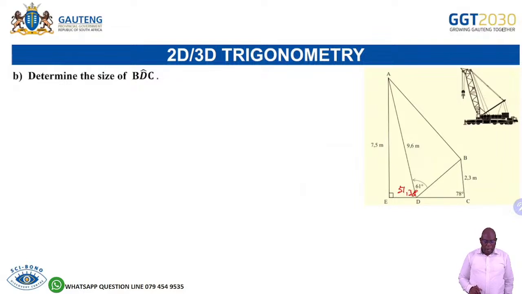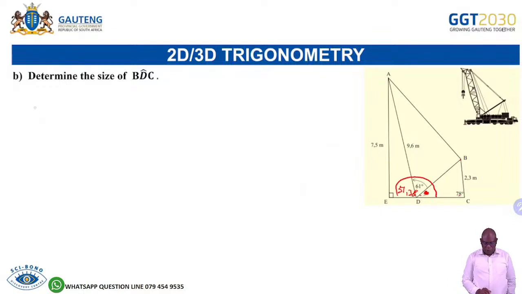Now we need to find the size of BDC, so I need this angle here. That's an easy angle, because I know that adjacent angles at a point give me 180 degrees.